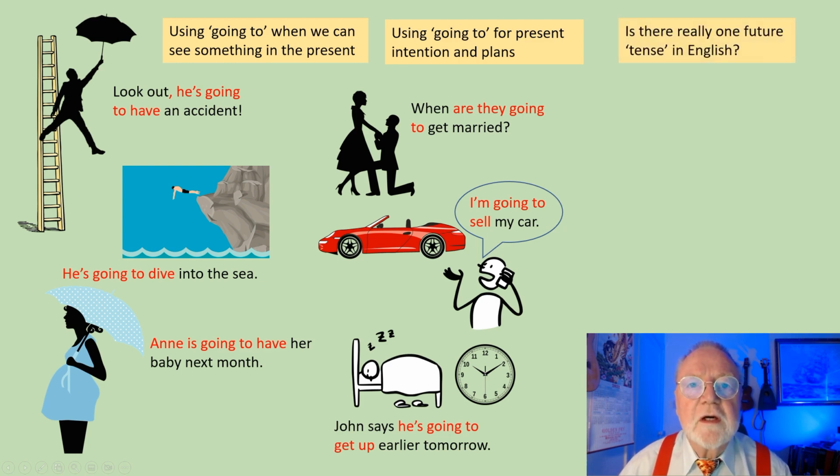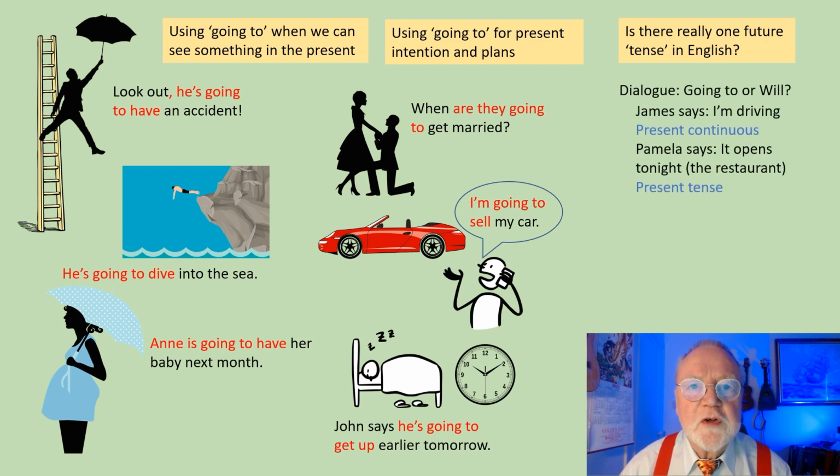You may be asking, how many tenses are there in English to talk about the future? But the thing is, they're not really tenses, they're just different ways of expressing the future. Here's a dialogue for you where two people use going to and will. But James, one of the speakers, also uses the present continuous tense to talk about the future. He says, I'm driving.